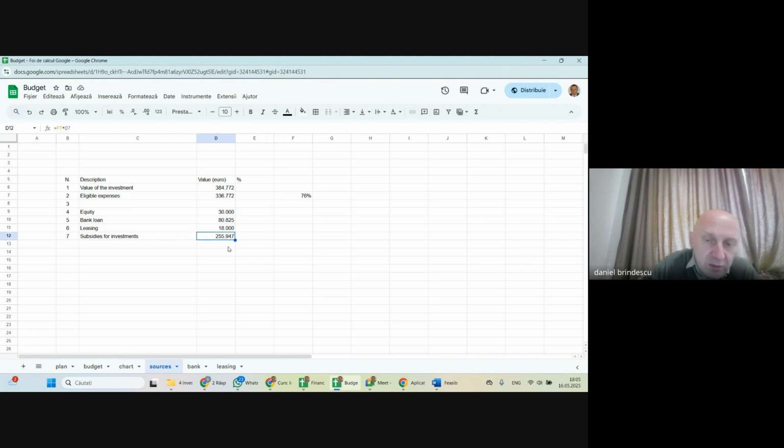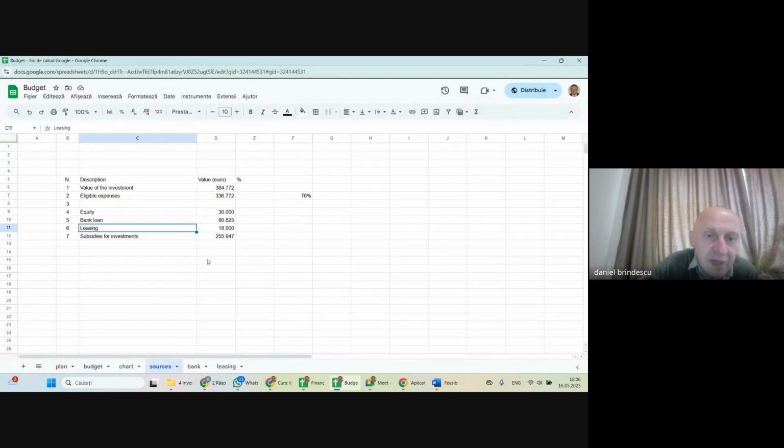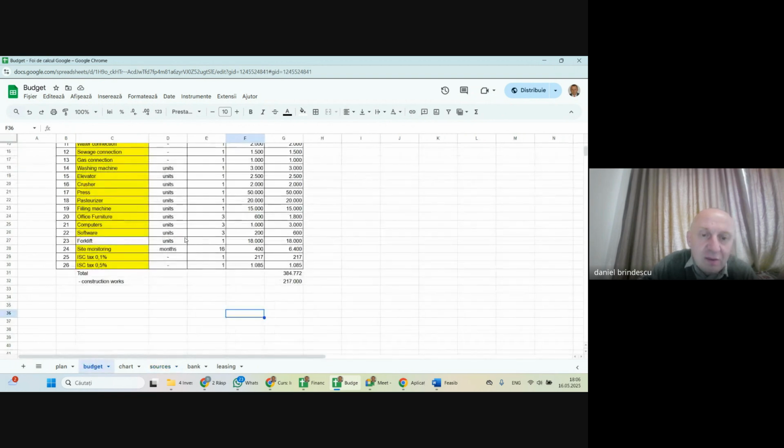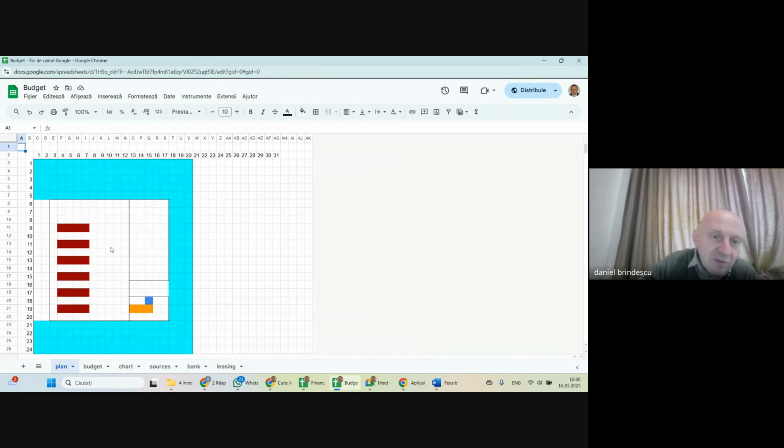I planned for, on one hand, subsidies for investments, but at the same time, a lease contract for, I believe I had there a truck or no, a forklift, then a bank loan, and of course, equity. So now the question is, is it a good idea to invest these financing sources in this infrastructure or under this form seen as a picture here?